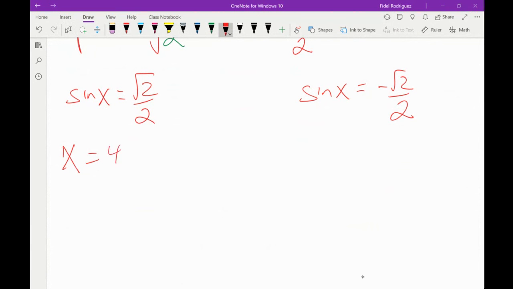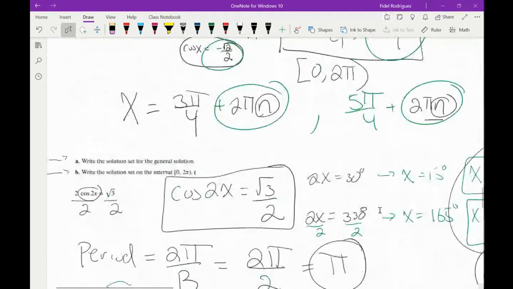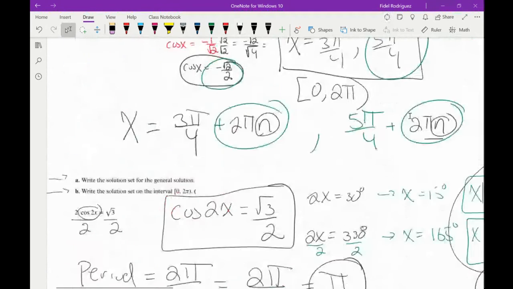45 and? Go back and look at that chart, y'all. When else is it equal to the square root of 2 over 2? Okay, so when we come back, let's double check. And 135, perfect, right there.